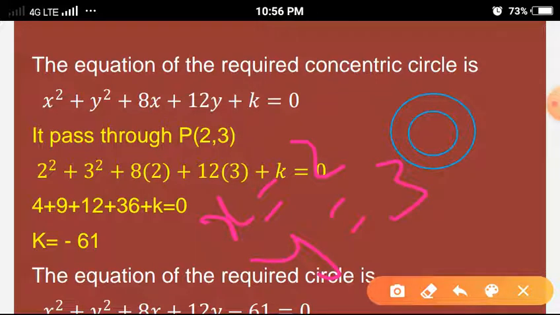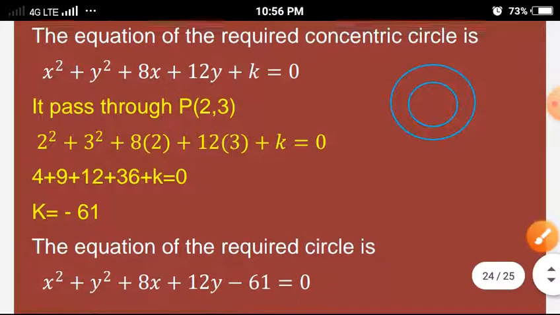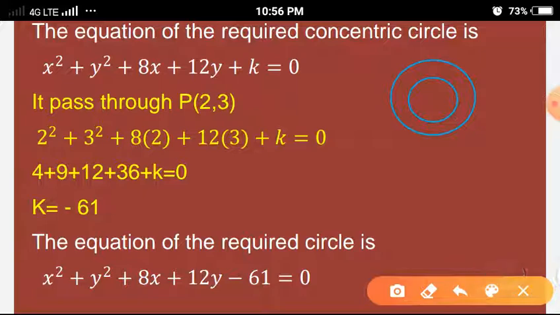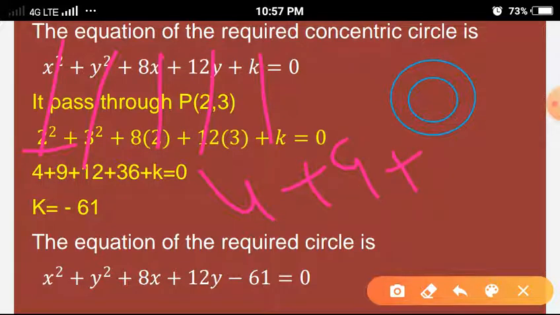Then after substituting we get 2 square plus 3 square plus 8 into 2 plus 12 into 3 plus k is equal to 0. 2 square means 4, 3 square means 9, 8 2s are 16, next 12 3s are 36.